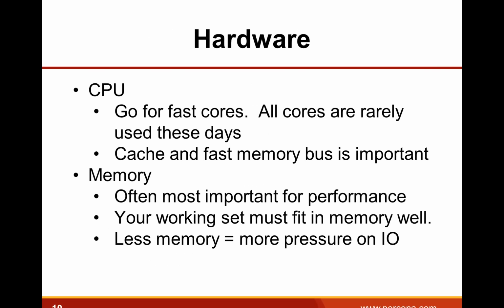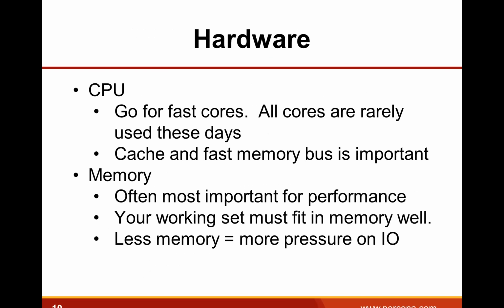When you go to specific hardware recommendations, I would look at the following things. CPU, you should go for fast cores. Right? These days you can get a lot of cores, and for many MySQL workloads, you will see not all of them will be able to be used completely. Going for faster cores means you will get an advantage for all workloads.